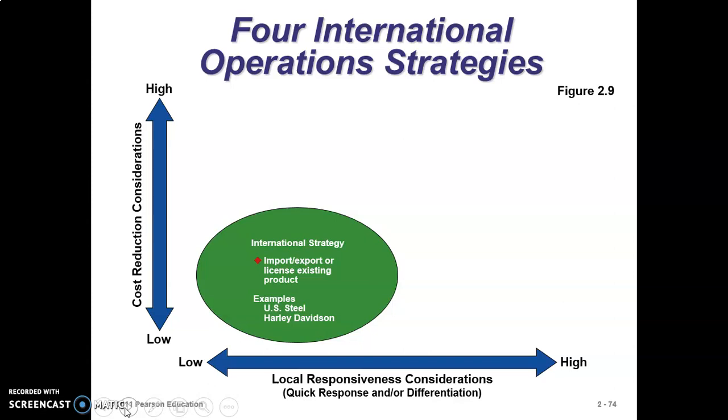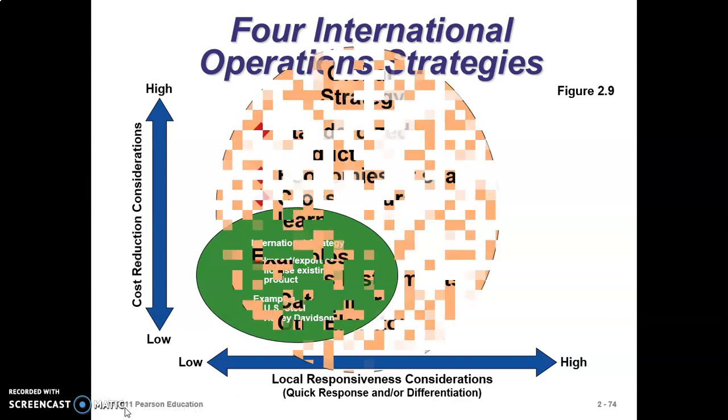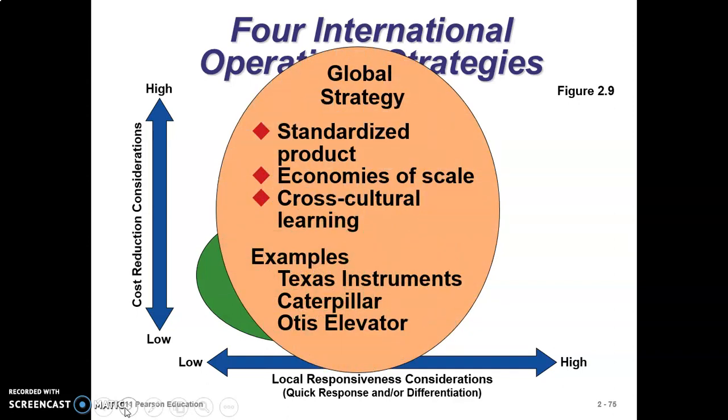Okay, that is the international strategy. The second strategy is the global strategy, which normally has a standardized product and economies of scale.